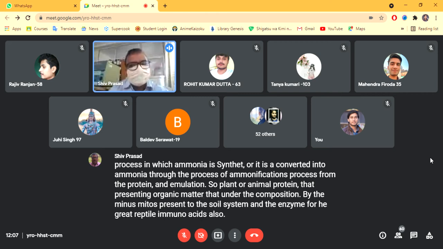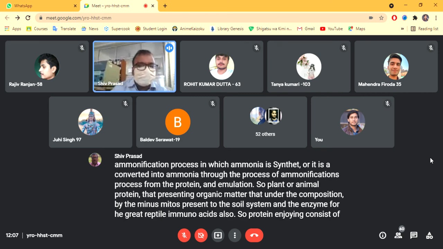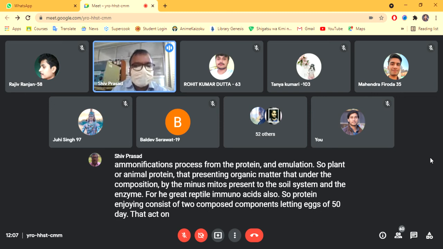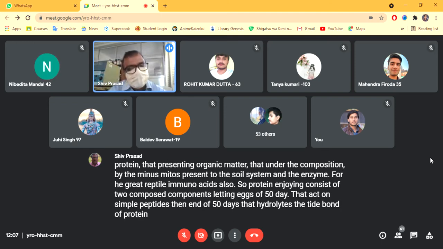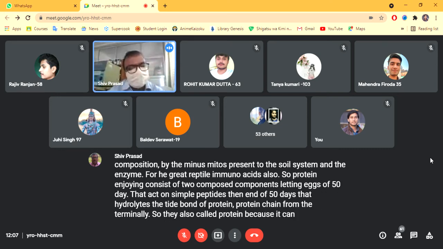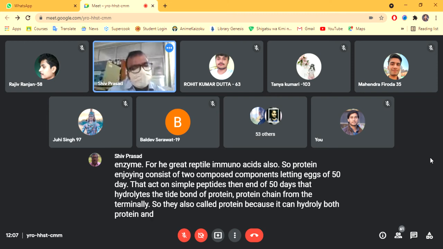The protease enzyme consists of two components: exopeptidase, that acts on simple peptides, and endopeptidase, that hydrolyzes the peptide bonds of the protein chain from the terminal ends. These are also called proteinase because they can hydrolyze both proteins and peptides.